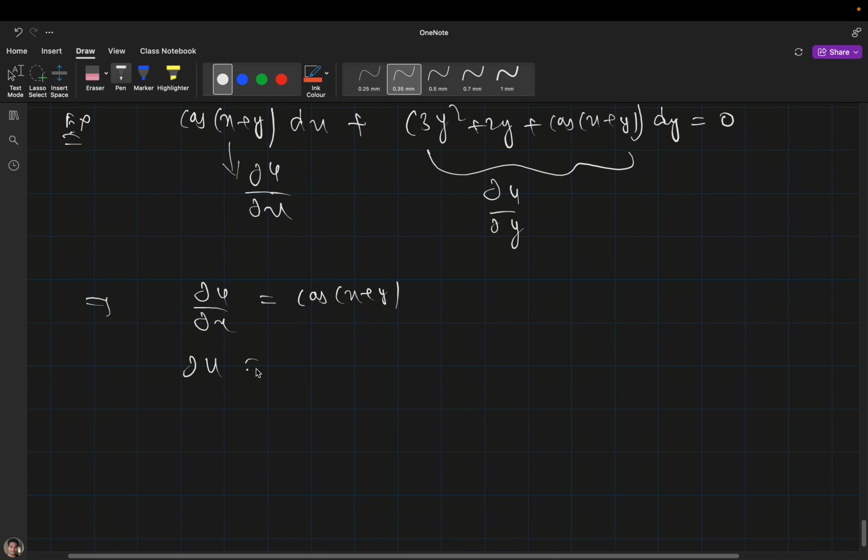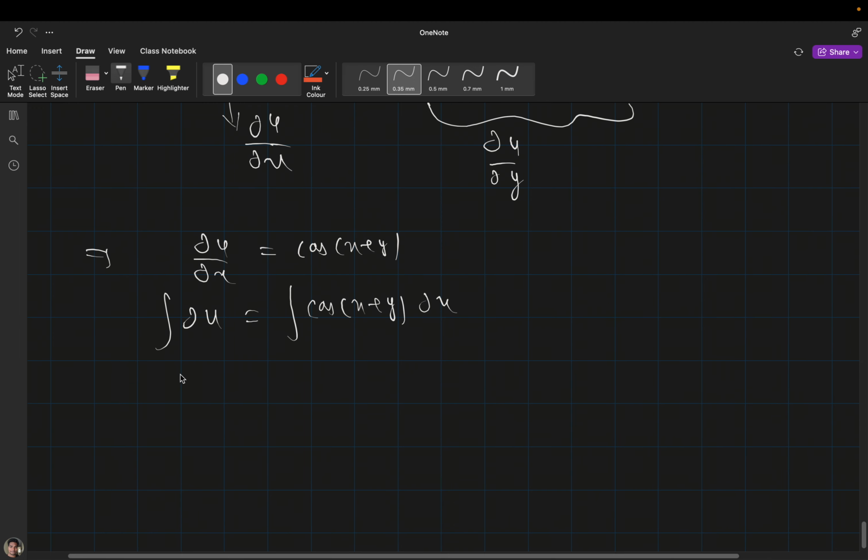We can write ∂u = cos(x + y) ∂x, integrate both sides, and you will get u = sin(x + y) + a function of y. Since you are integrating with respect to x, it's a partial integral, so the integrating constant will come as a function of y.